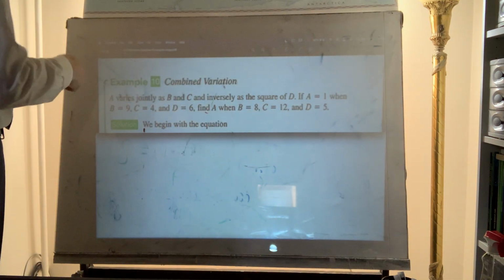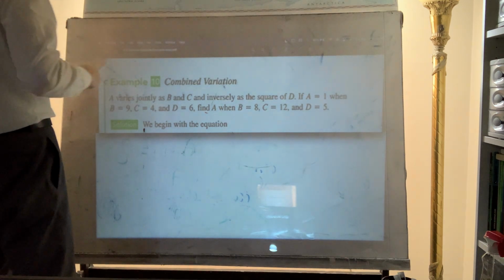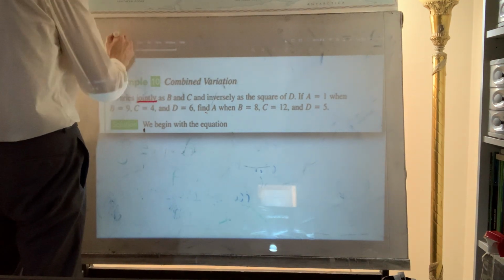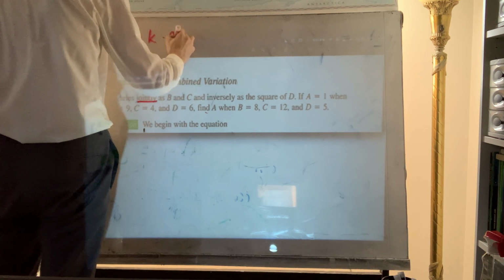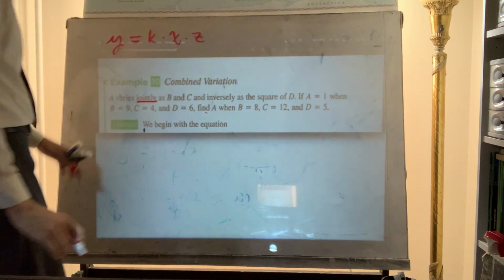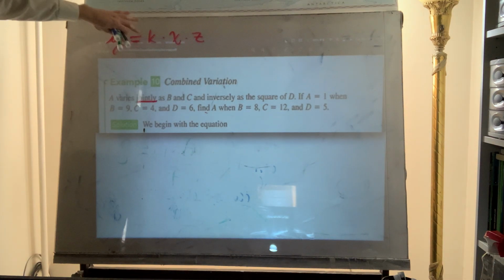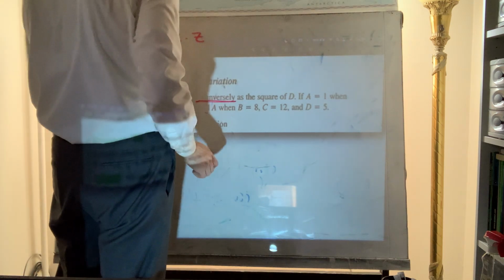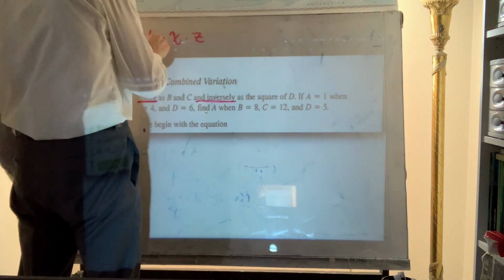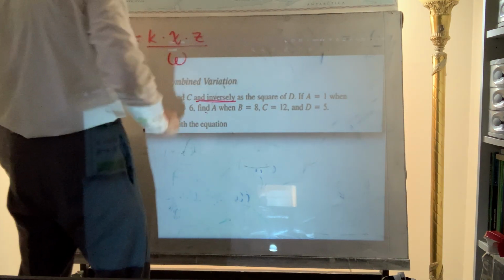If they mention jointly, we have this incarnation of a model to begin with, the linear model here, k times x times z, and inversely, as the square of d, that means that we would borrow from this shape.